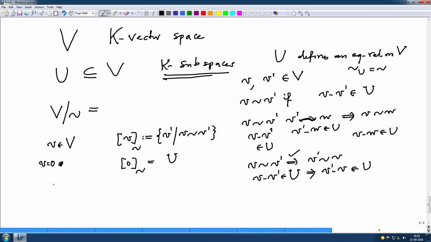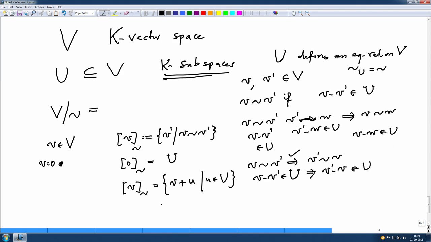For arbitrary V, what is the equivalence class of V? That is all those vectors which I can write as V plus U, with U in U. This is precisely the equivalence class of V, because if U is in U, then V plus U is related to V, since if I subtract V from it you get U, which is in U, and everybody is like that.